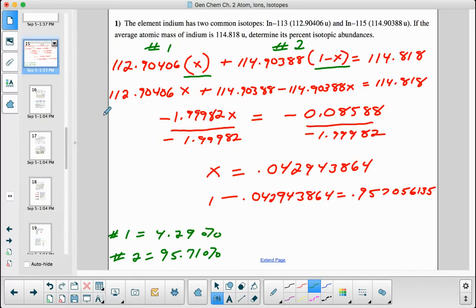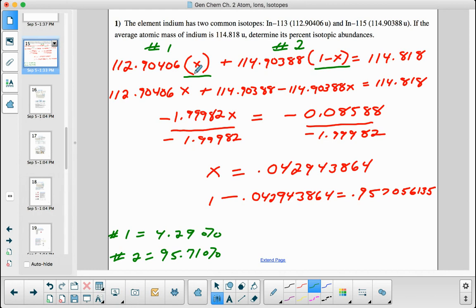And then there's another type of problem with these, which is a situation where you're given the fact that there are 2 isotopes. So I'm given the 112.90406, and then I'm given the 114.90388. But I don't know the percentage that they occur in nature.